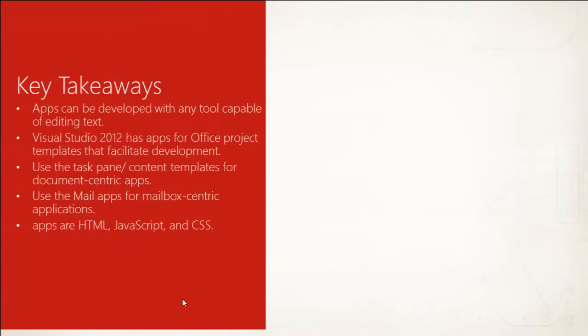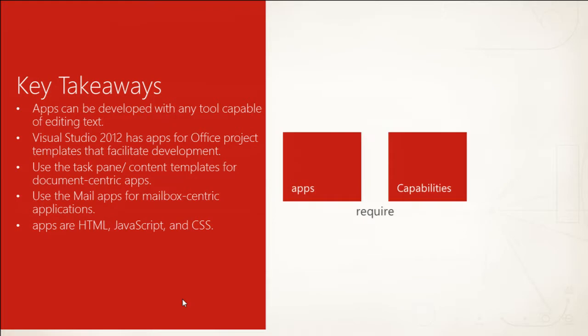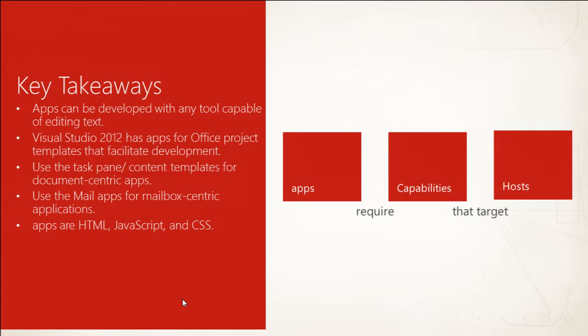What are some of the key takeaways? First one, apps require capabilities, and those capabilities target a specific host. Those are the key pieces of information you want to consider when you're building apps for Office: apps require capabilities that target a host.